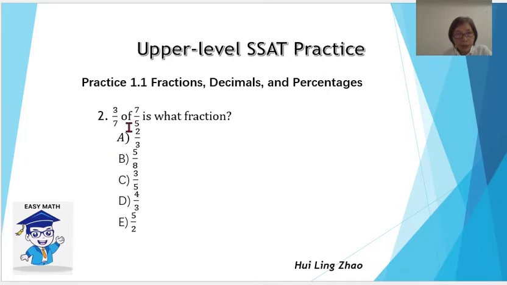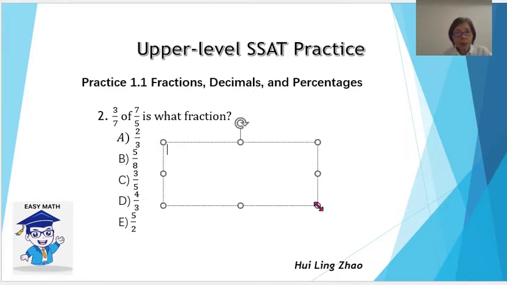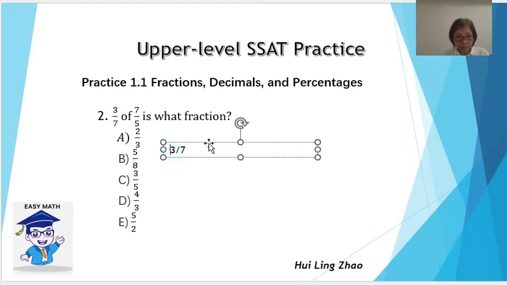3 over 7 of 7 over 5 is a word fraction problem. So we use 3 over 7 times 7 over 5, right?